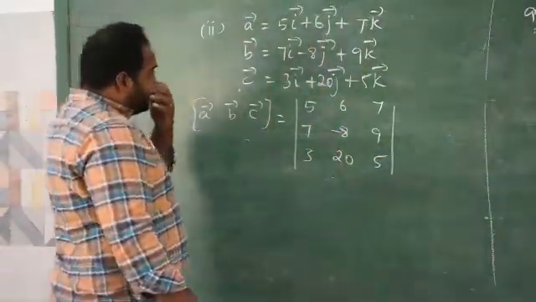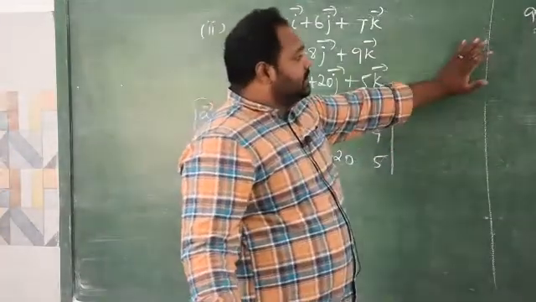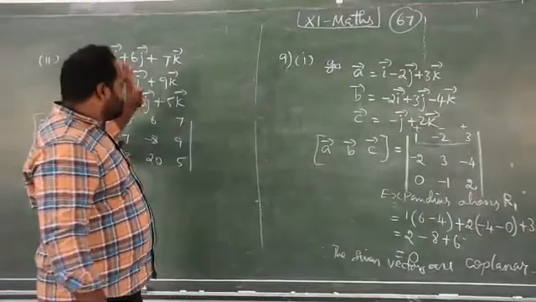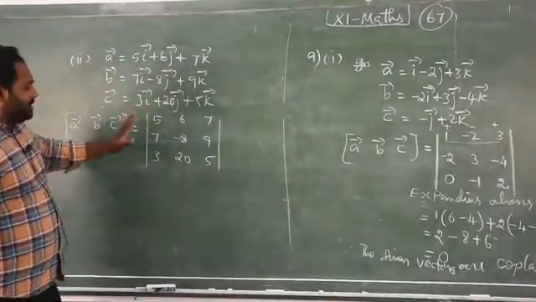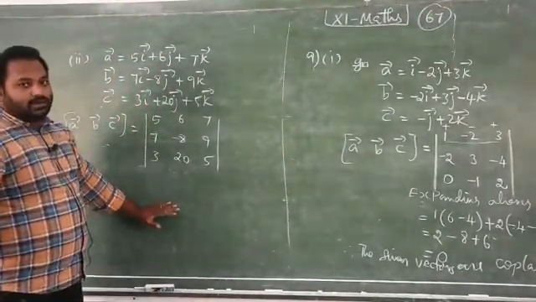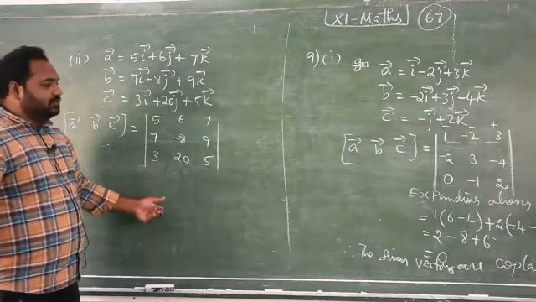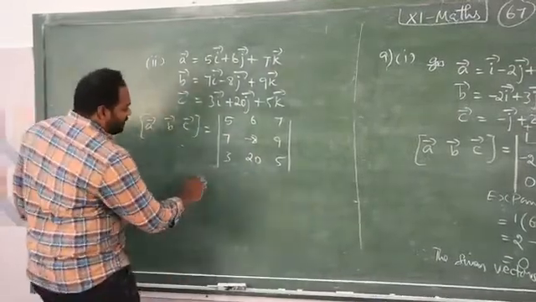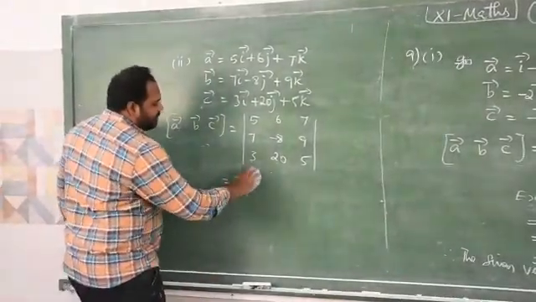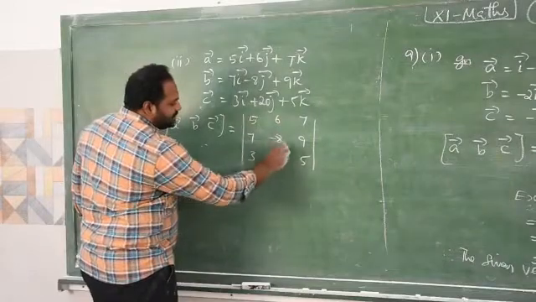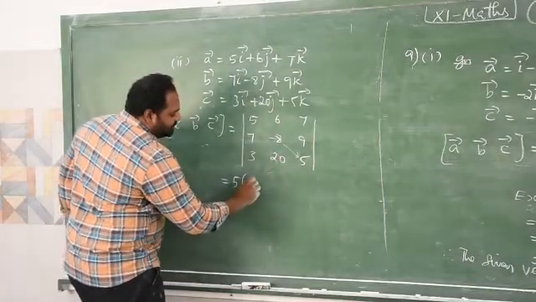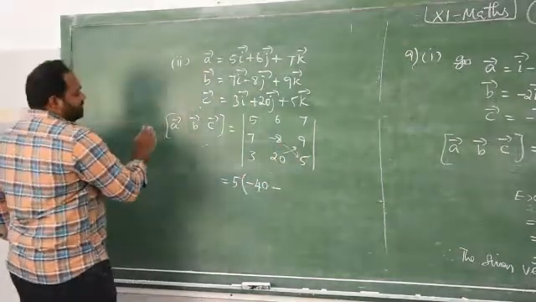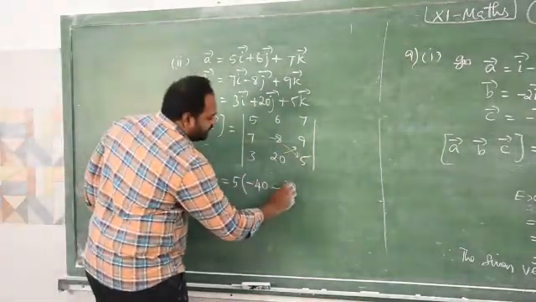Here, they are asking the question itself strongly: show that they are coplanar. So they are supposed to be coplanar. So definitely the determinant value is supposed to be 0. If you are not getting 0, you have to recheck where you made a mistake. So now expanding R1, 5 into, eliminate this row and column: 8 5s are minus 40, minus of this multiplication, 180.